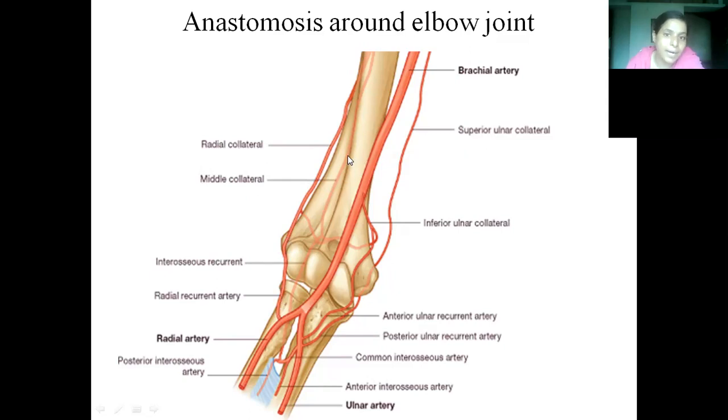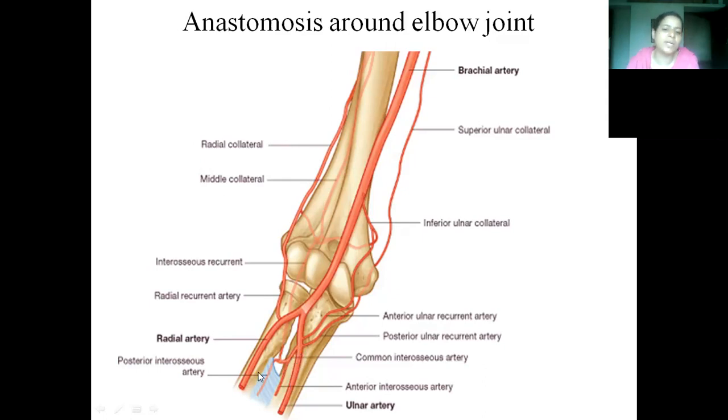And middle collateral is anastomosing with the interosseous recurrent artery, which is again a branch coming from the common interosseous artery. The common interosseous artery is a branch coming from the ulnar artery. The ulnar artery gives one common interosseous branch.